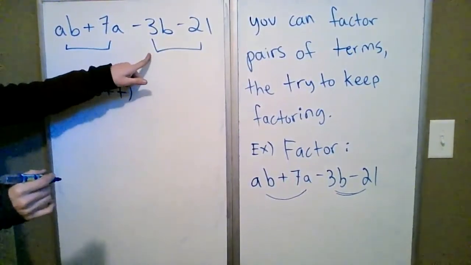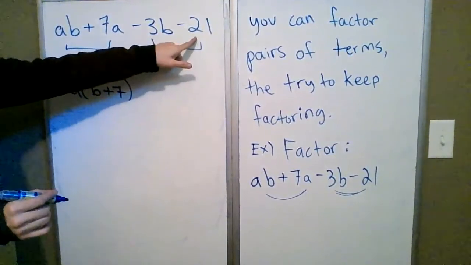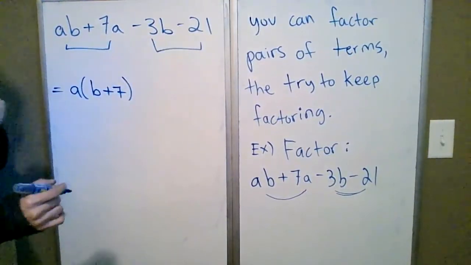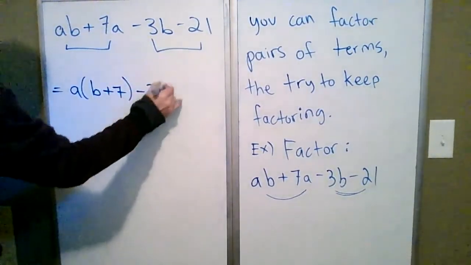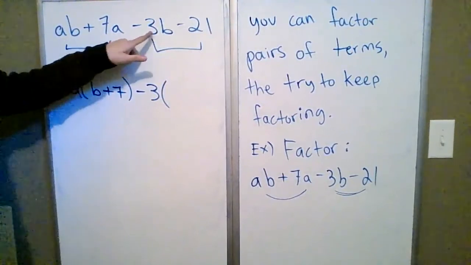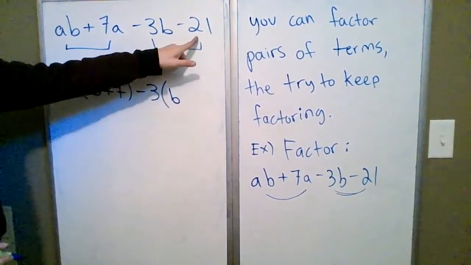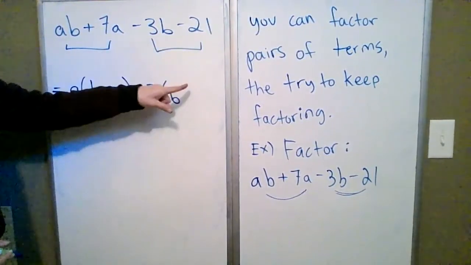Okay, from the next pair of terms, this has a -3 and this has a factor of -3. So I want to factor out -3. -3 factored out from the first term leaves B. And then factor out -3 from -21, it would leave positive 7.